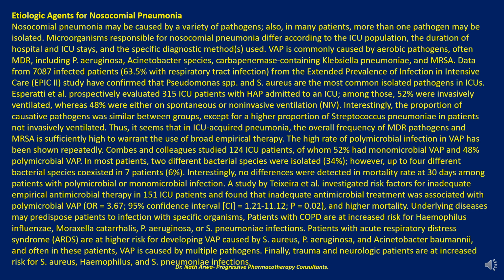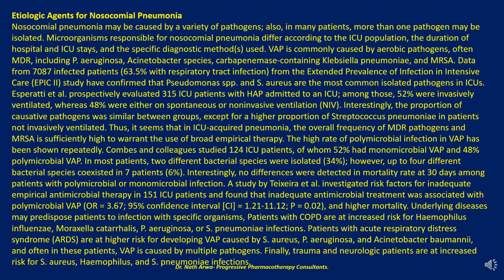In most patients, 2 different bacterial species were isolated, that is 34%. However, up to 4 different bacterial species coexisted in 7 patients, that is 6%. Interestingly, no differences were detected in mortality rate at 30 days among patients with polymicrobial or monomicrobial infection.